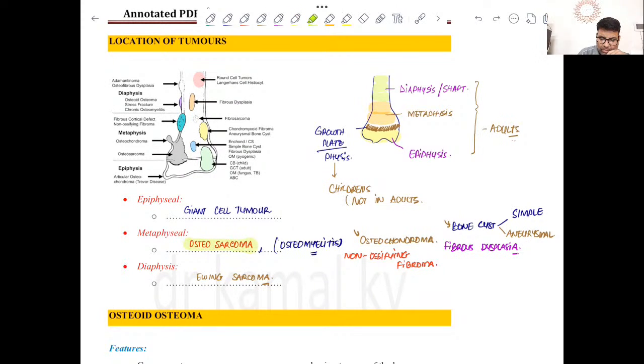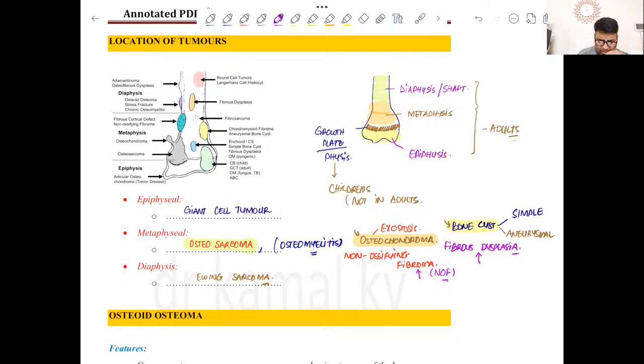So osteosarcoma. Then continuing with the tumors, osteochondroma, which is also known as exostosis. Clear? Then bone cyst, it can be simple or aneurysmal. Then two less important conditions, one is fibrous dysplasia and second is non-ossifying fibroma.